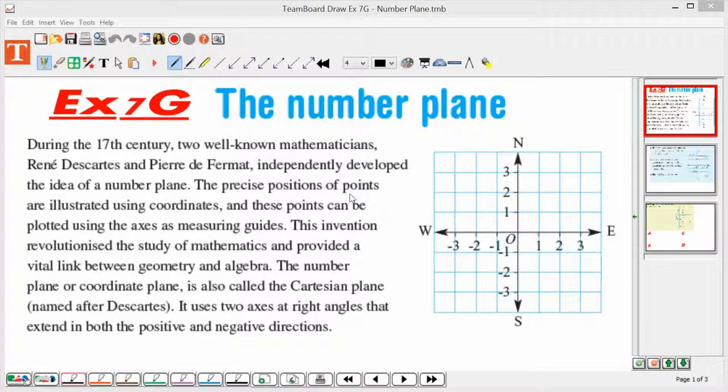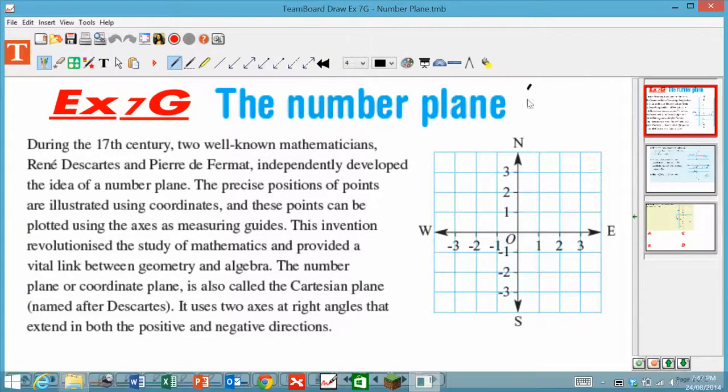The precise position of points is illustrated using coordinates. Remember our coordinates, we use an x and a y coordinate, in brackets, with x always first. Think of your alphabet: x first, then y. These points can be plotted using the axes as measuring guides.